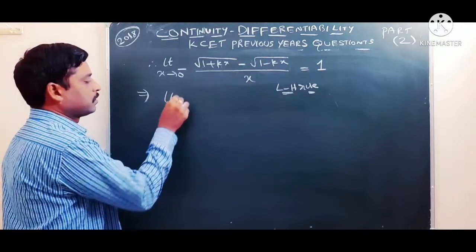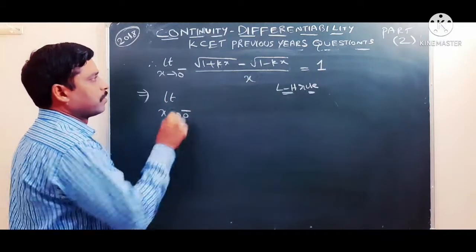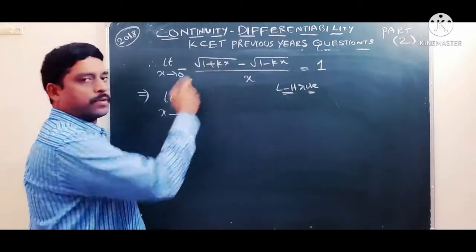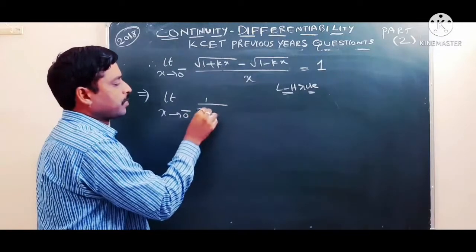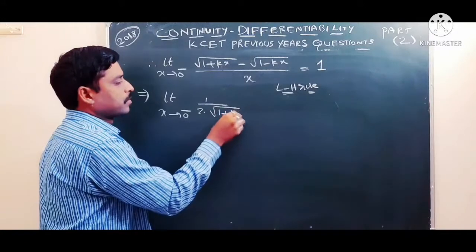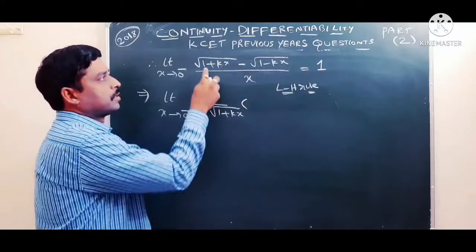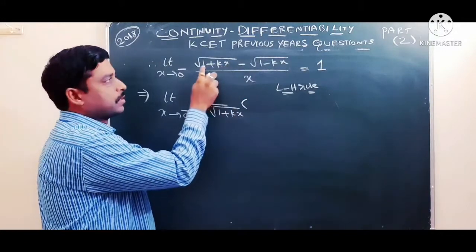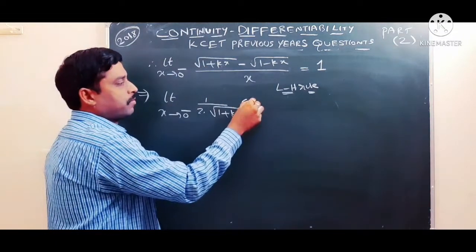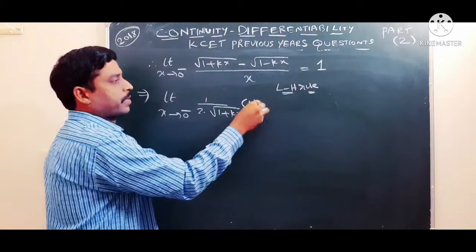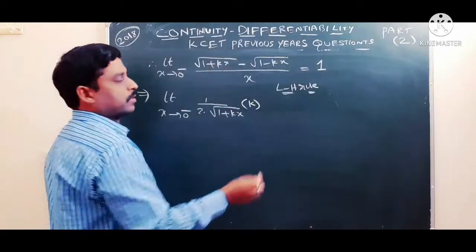So limit x tends to 0 minus. Derivative of root function is 1 by 2 root function into the derivative of 1 plus kx. Derivative of 1 is 0, derivative of kx we get k, because derivative of x is 1.